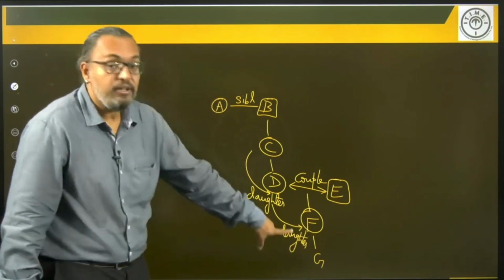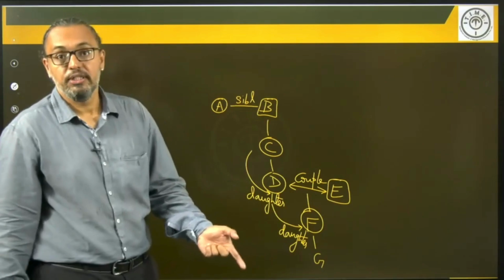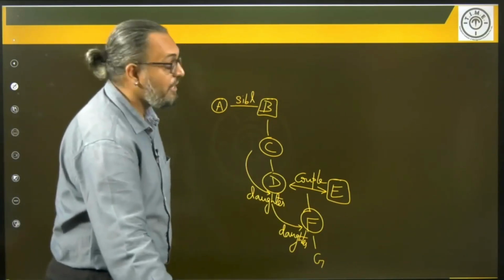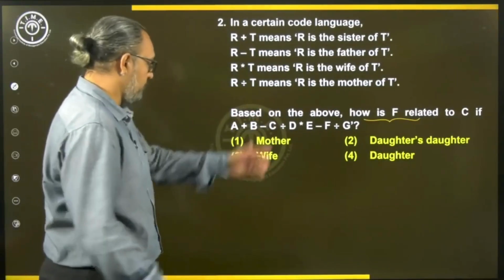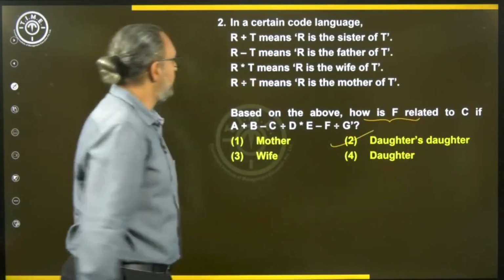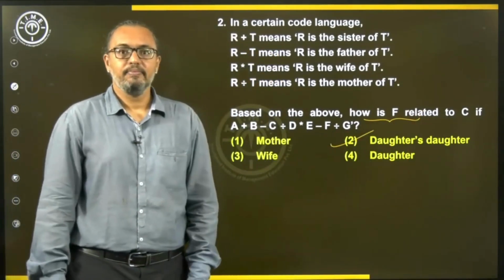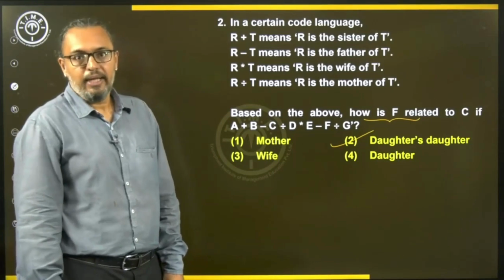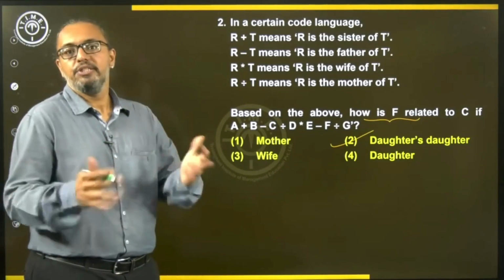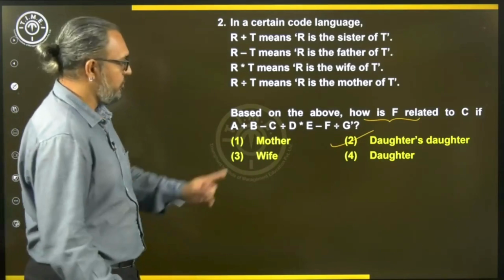So how is F related? Daughter's daughter is granddaughter, which is available in the second option. So constructing a family tree gives you your answer, choice 2.